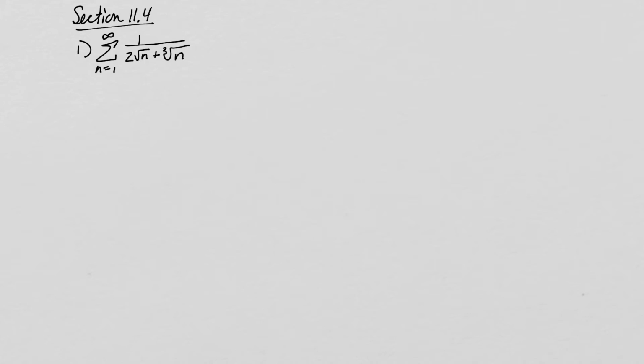When I do either the comparison test or the limit comparison test, one of the things I do is try to pick the biggest thing on the top and the biggest thing on the bottom. So I'm going to compare this to the summation n equals 1 to infinity. The biggest on the top, all I have is a 1, so I'm going to keep the 1.